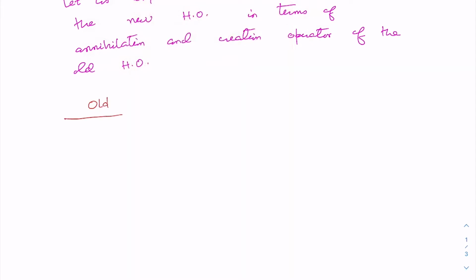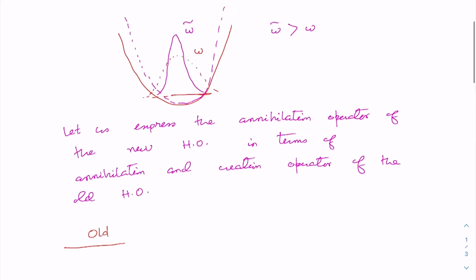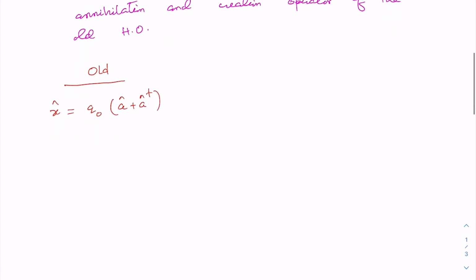In the old harmonic oscillator, the frequency was omega, and in the new harmonic oscillator, the frequency is omega tilde. So the position operator would be represented by x cap, which would be q0 times a plus a dagger. a is the annihilation operator, a dagger is the creation operator, and q0 is equal to the square root of h cross divided by twice m omega.